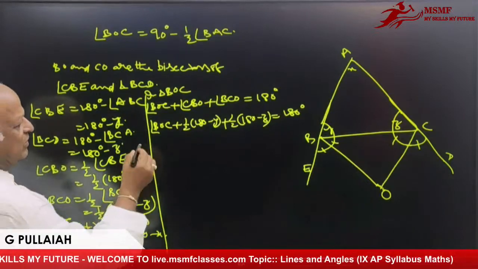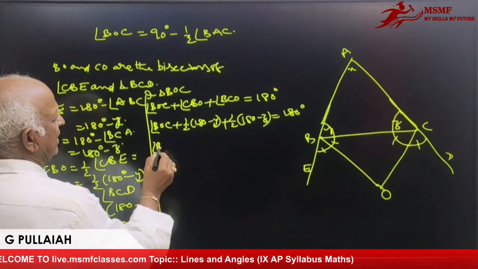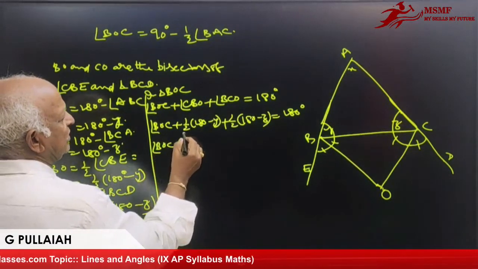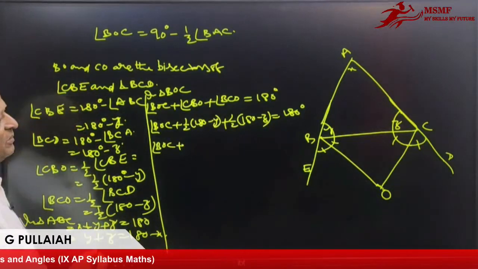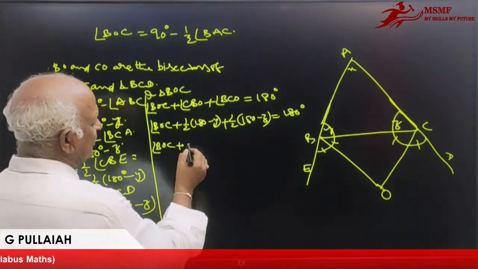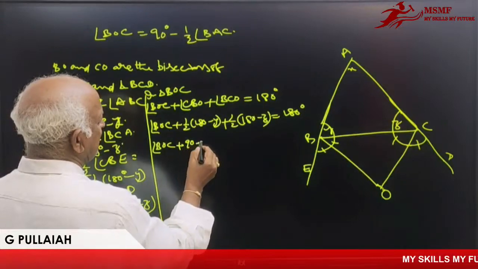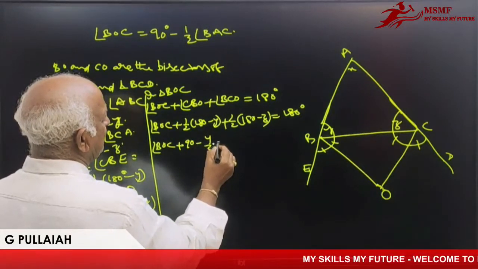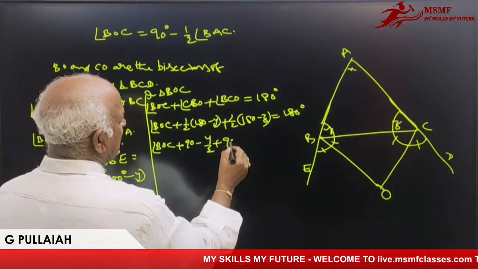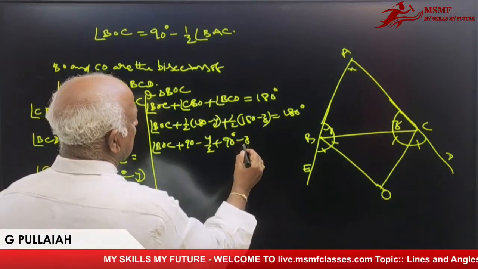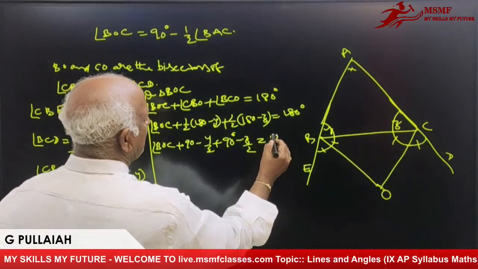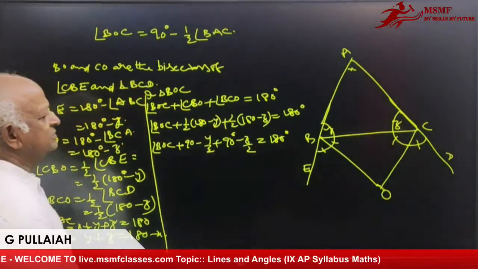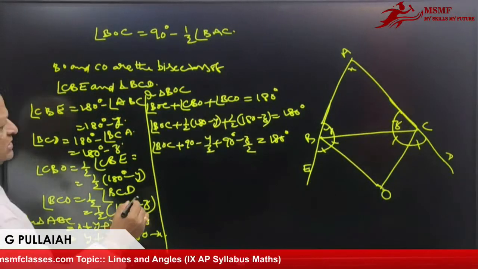So now you can say this as angle BOC plus half of 180 minus y. Half of 180 is 90 degrees minus y by 2, plus 90 degrees minus z by 2, is equal to 180.